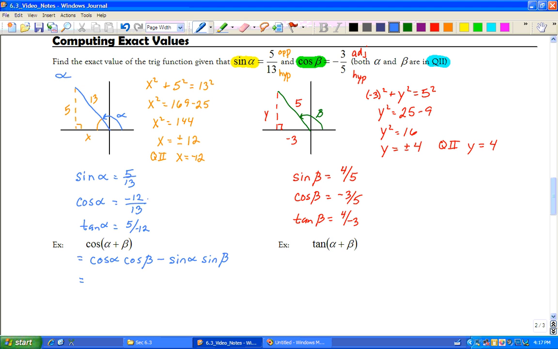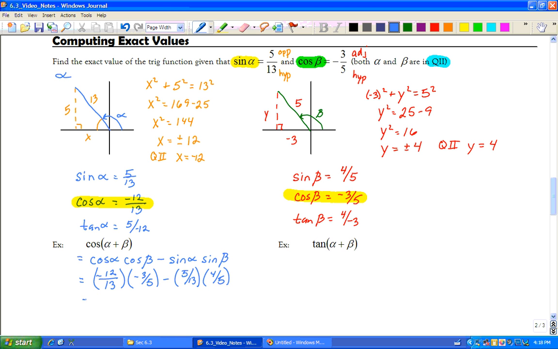So cosine alpha, which is right up here, is -12/13. Cosine beta is right here, is -3/5 minus sine alpha 5/13, sine beta 4/5.